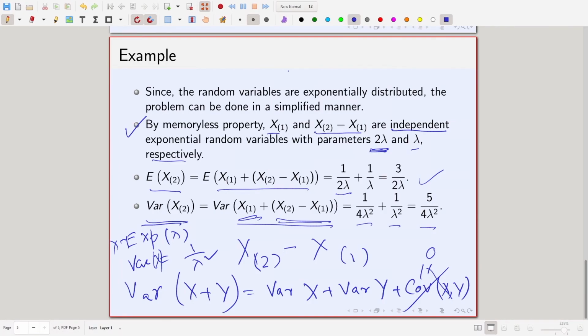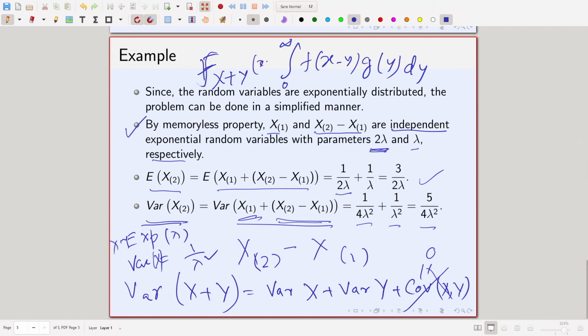You know that if x and y are two independent continuous random variables having density functions f and g, then you have this convolution formula. The density of the sum is given by the integral from 0 to infinity of f of x minus y times g of y dy.